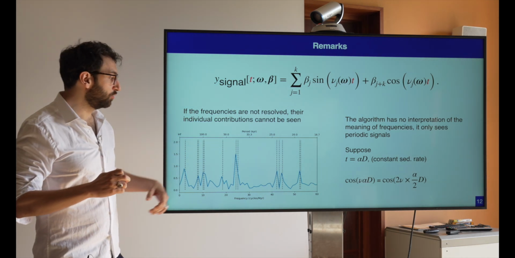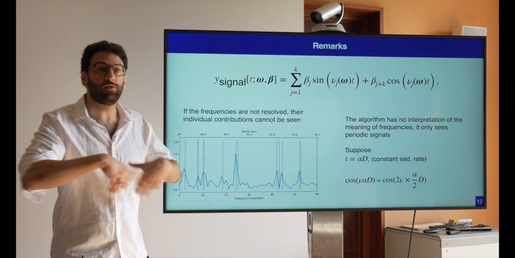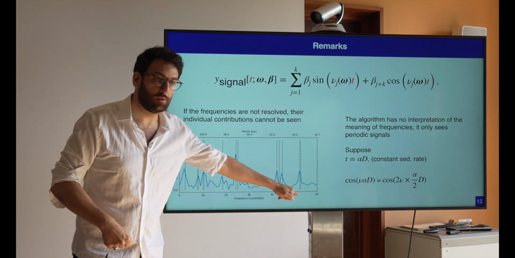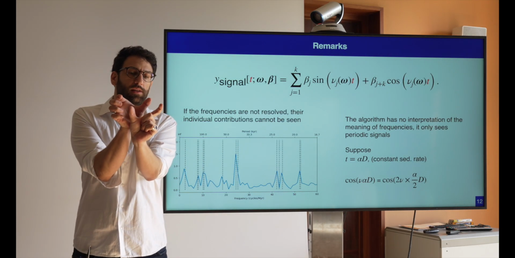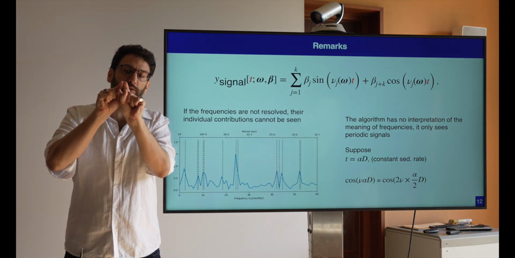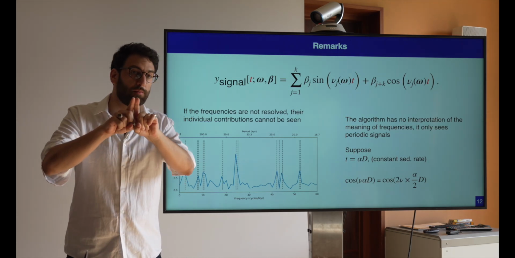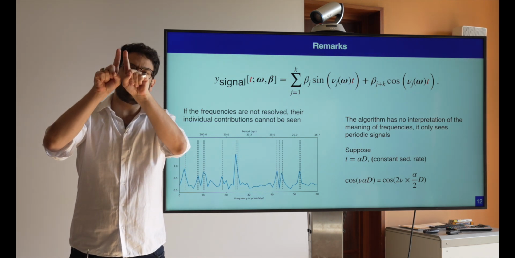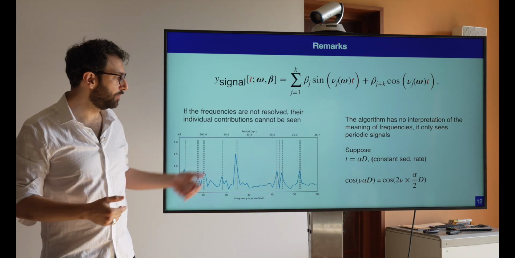You will have a collective contribution from both of them, and in that case you might want to fix those frequencies, because if you have frequency intervals that overlap, you might have in your genetic algorithm at some point some frequencies which are extremely close, and since you need to invert a matrix with cosines, if the cosines have frequencies which are extremely close, the inversion will fail and it will create numerical problems.